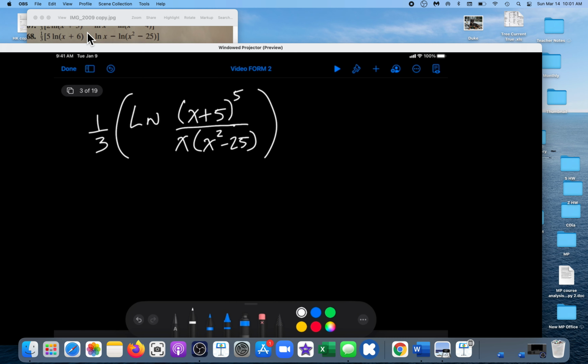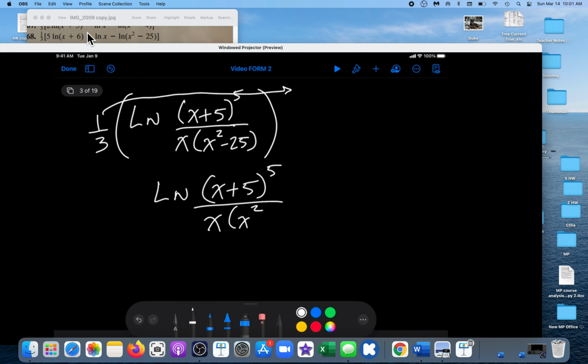You could rest there, or you can bring the 1/3 all the way up here, and the final answer could be that. And then if you want to go further, you can apply the power rule here and make that 5/3 and then make that 1/3 and that 1/3. But I'm not sure you have to go that far.